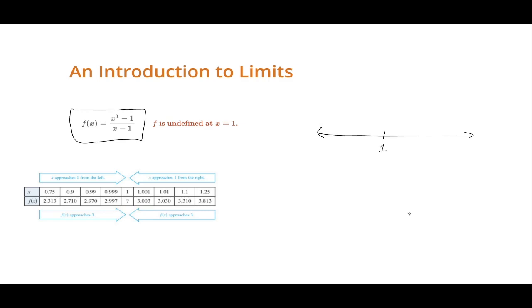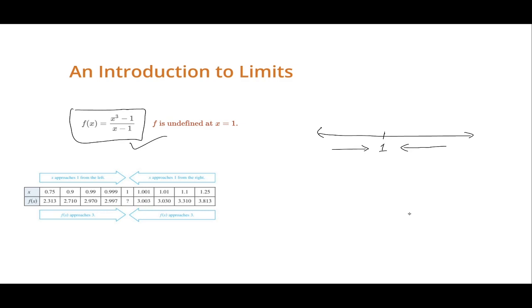When you approach 1 from the left side, or when you approach 1 from the right side, what happens to this function? You can calculate those values by using this formula. Just put x equal 0.75 here and use a calculator, and that will give you 2.313. Put x equal 0.9 and so on. So we are going towards 1 from the left side here, and we're going towards 1 from the right side.